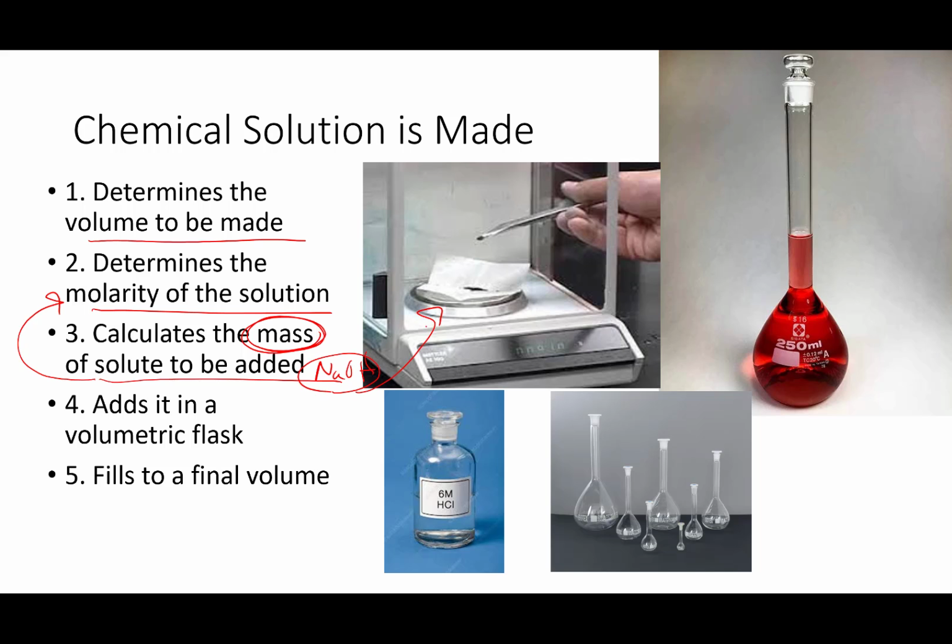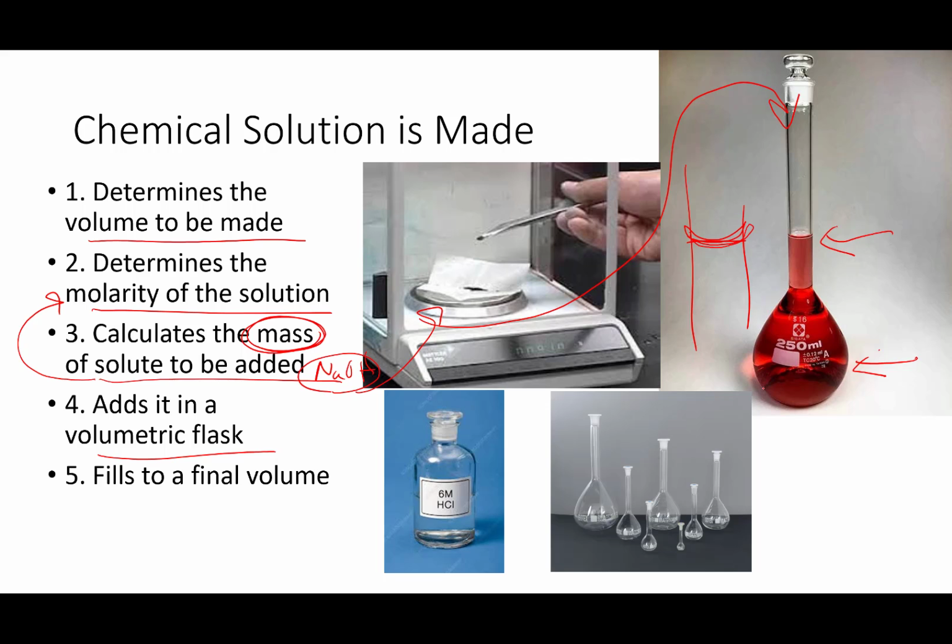You would then add this to a very specific, very carefully created flask. It's called a volumetric flask, one of my favorite pieces of glassware in a chemistry lab. It's got a big base, and then right around the neck, it has a line on it that you can fill to a meniscus just like a graduated cylinder. It lets you get very specific and careful volumes.